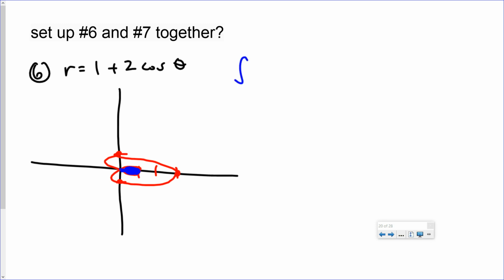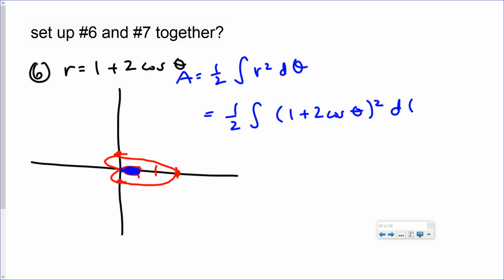So let's think about this. The area is going to be 1/2 r squared d theta. Same thing. My r, I've already gotten. It's 1 plus 2 cosine theta quantity squared d theta. I'm already halfway done setting up the problem. I just need to know where the petal starts and where the petal stops. How do I figure that out? Set r equal to 0.